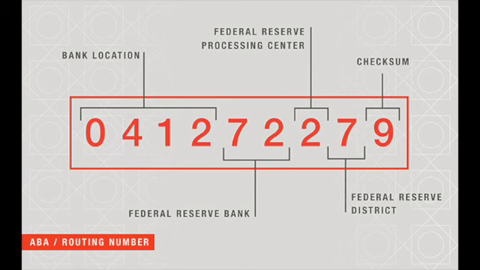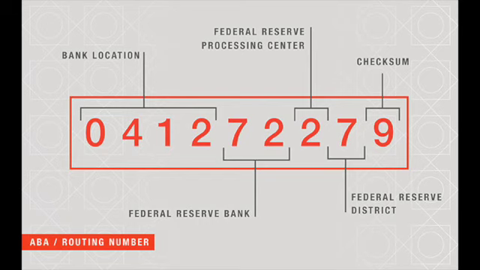How is the ABA code structured? The ABA code is a 9-digit number that is structured as follows. The first 4 digits refer to the Federal Reserve routing system and identify the physical location of the bank. The 5th and 6th digits identify through which bank the transaction will be made. The 7th digit indicates which check processing center of the Federal Reserve was assigned to the bank.